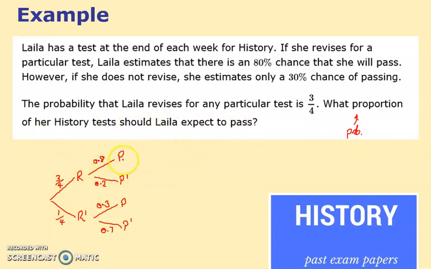Notice this is another word for probability, really. So she passes these and she passes these. So the probability of passing is the combination of both of these two things. So I think it's this times this, so it's 3/4 times 0.8, plus a quarter times 0.3.